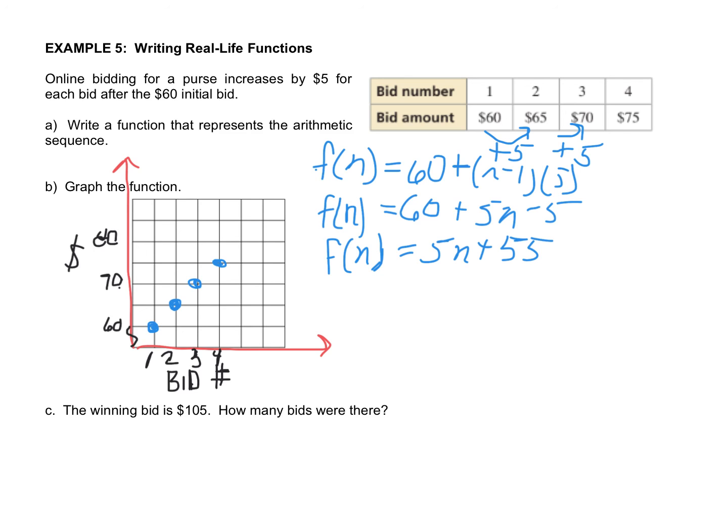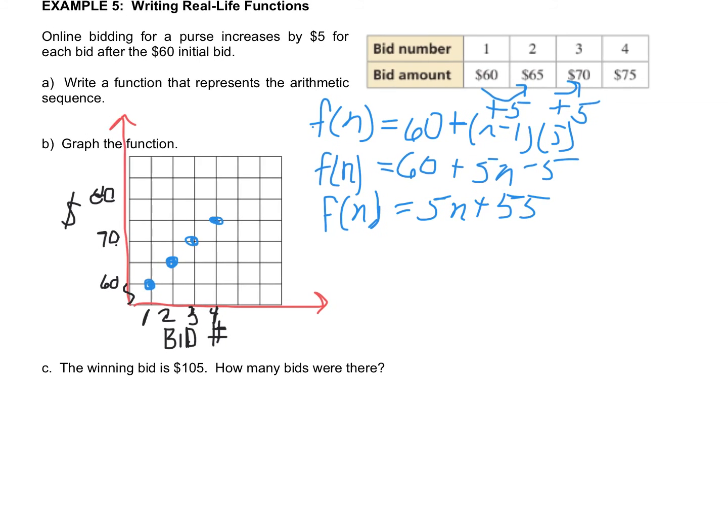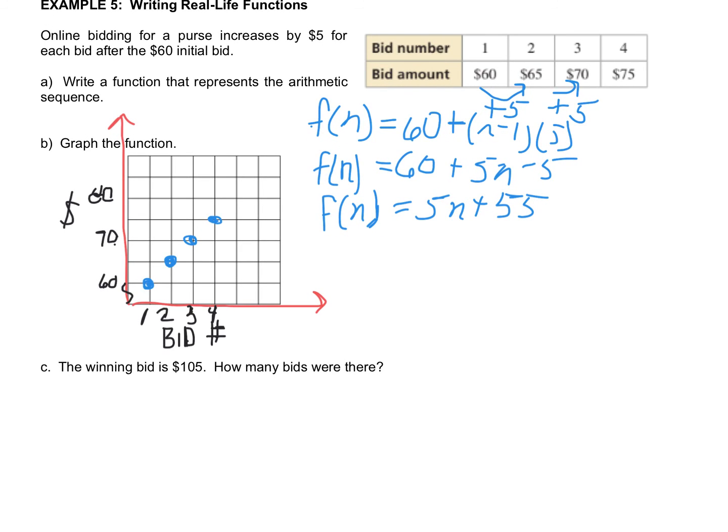And this last one, we just got to think about our wording. So the winning bid is $105. How many bids were there? So again, we got to look at our equation and not just always jump to plugging in the n and solving for the y or the f of n in this case.